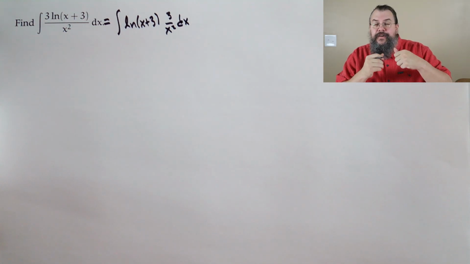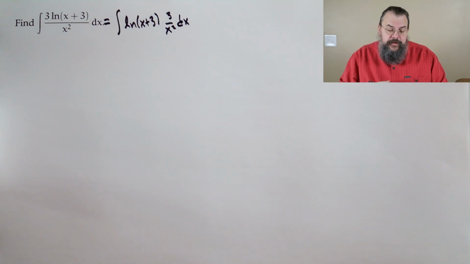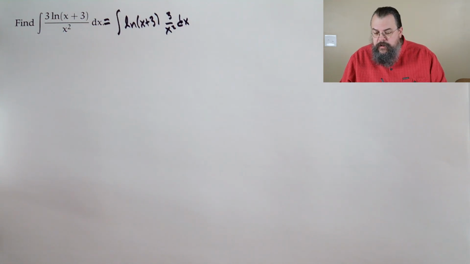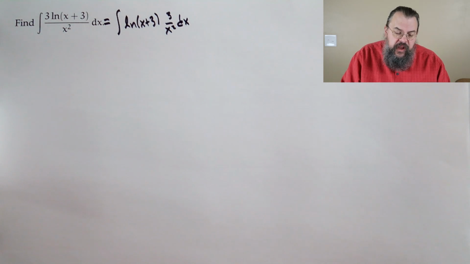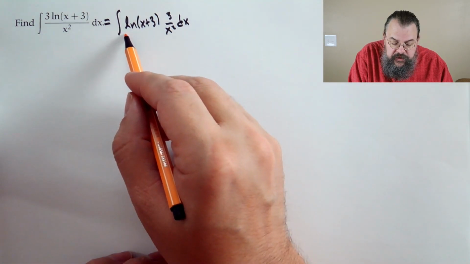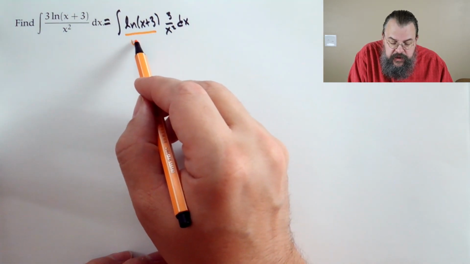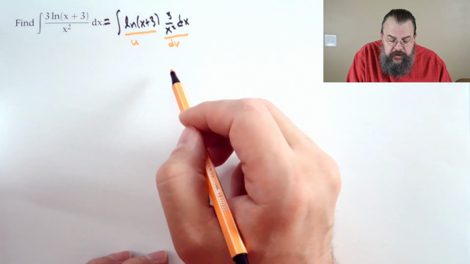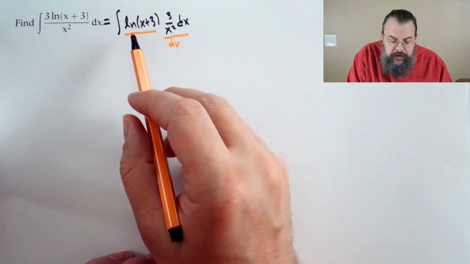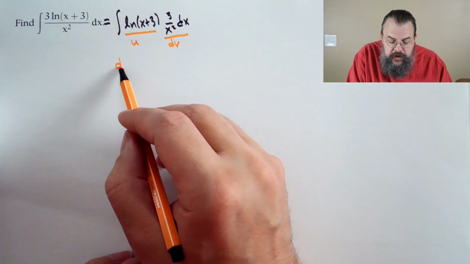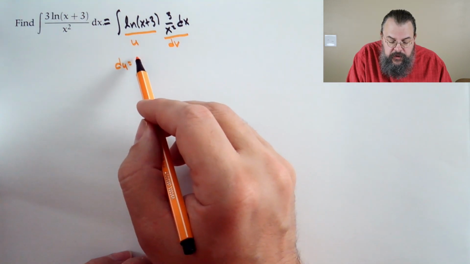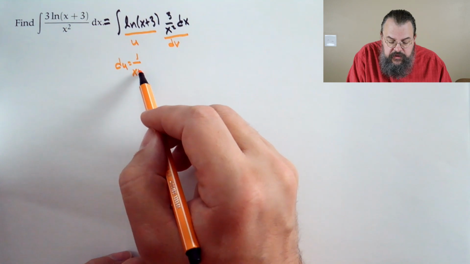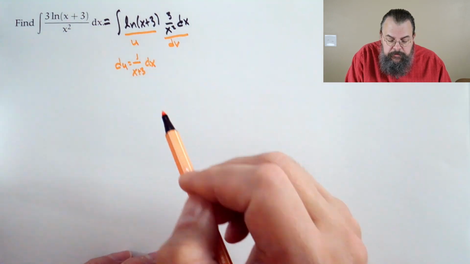And the other part, you can differentiate it. So we say, all right, we'll do that. This log of x plus 3, we'll make that something we differentiate. The 3 over x squared dx, well, that we can integrate. So we have, okay, the derivative of natural log of x plus 3, 1 over x plus 3 dx.